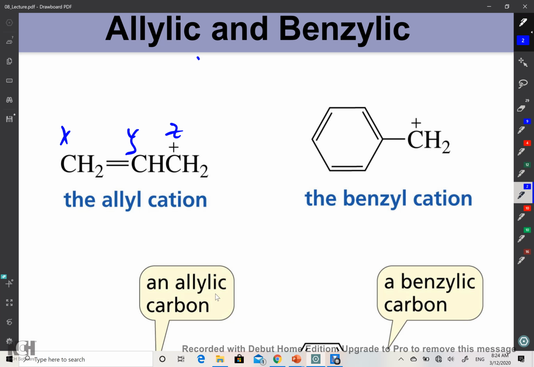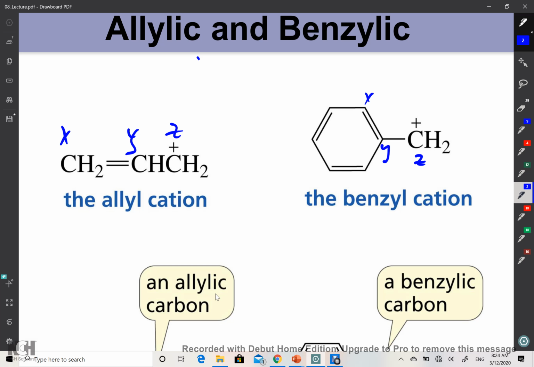Now, the benzyl cation technically is another form of the allyl cation, because if you look at the benzyl cation, you can also see the XYZ system. But this is simply benzyl because of the presence of the benzene ring. That's what we refer to as the benzyl cation. So the benzyl cation is also stable.